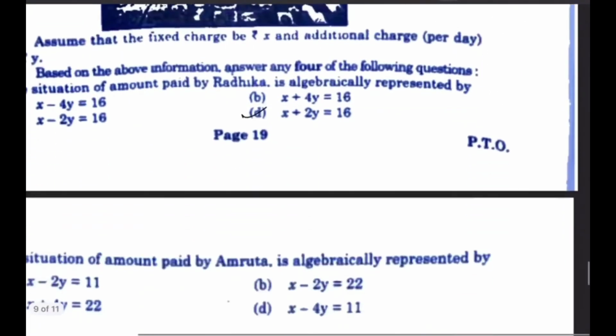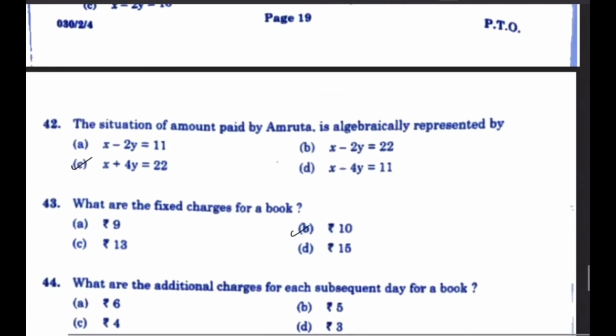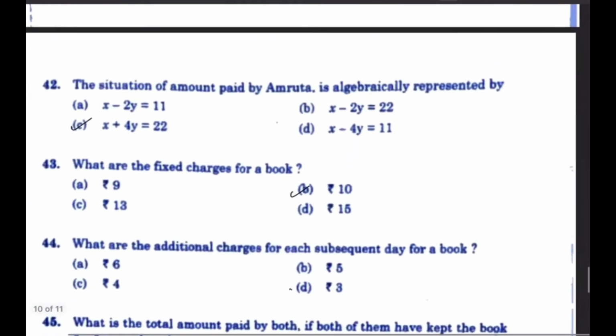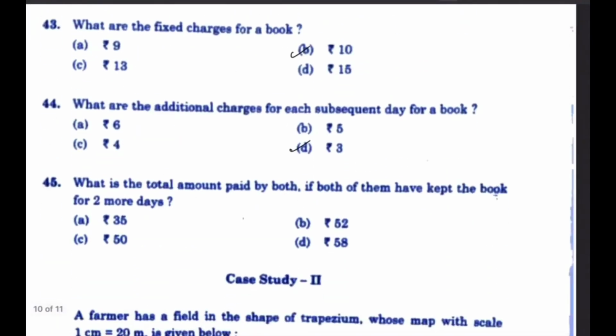So let's see. Yes, here we are. Additional charges we have already figured out, 3 per day. What is the total amount if both of them have kept the book for 2 more days? So 6 days. So now Amrita keeps it for 8 days.